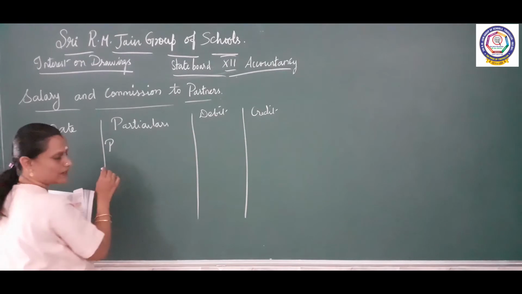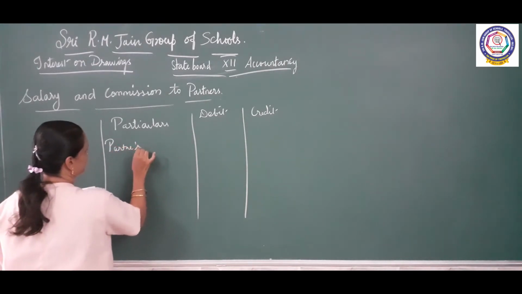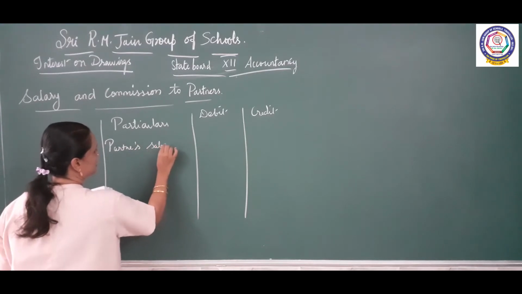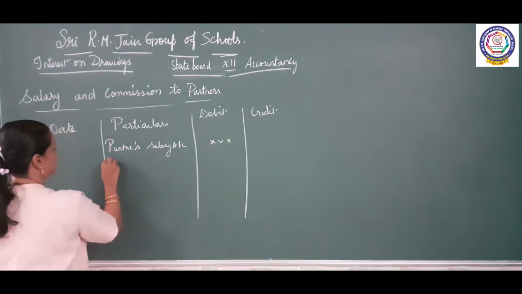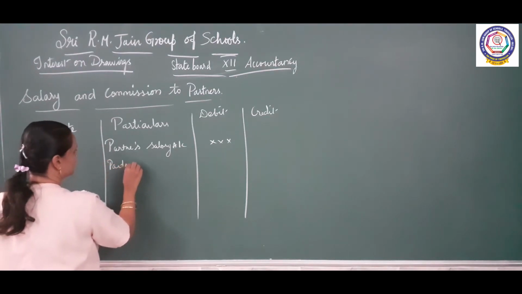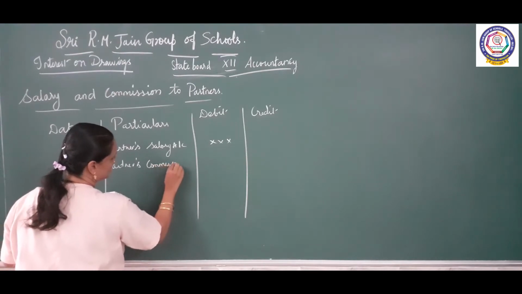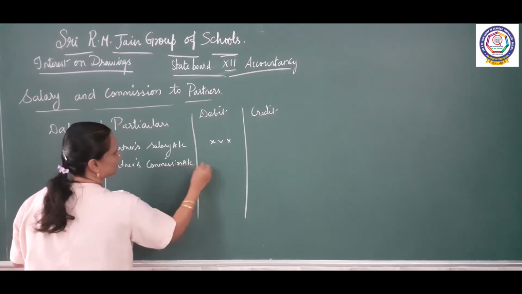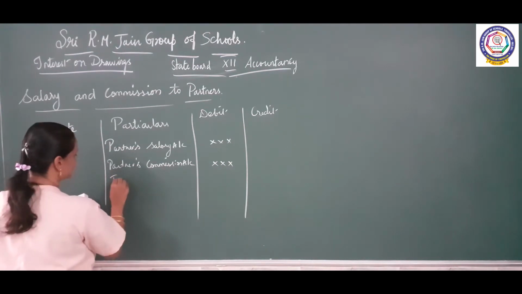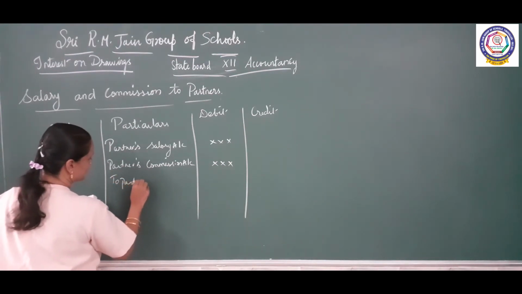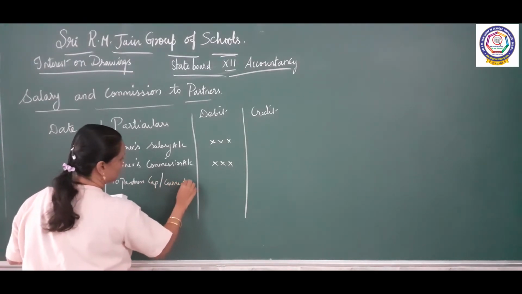So first we will see the format. Partners' salary account debtor, partners' commission account debtor, and then to partners' capital or current account.